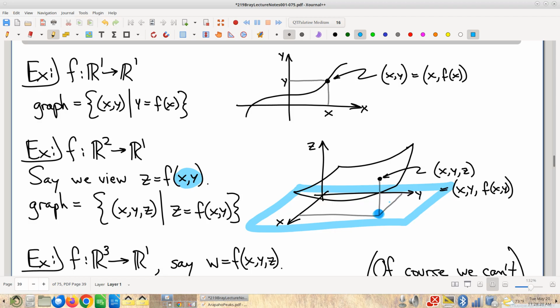And then you can look at the corresponding output value. The output value is z. And again, if you smash those together, the inputs, of which there are 2, and the output, of which there is 1, that gives you a point on what we call the graph, and I claim that that's a surface now. It's not a curve. It's a surface in 3 space.